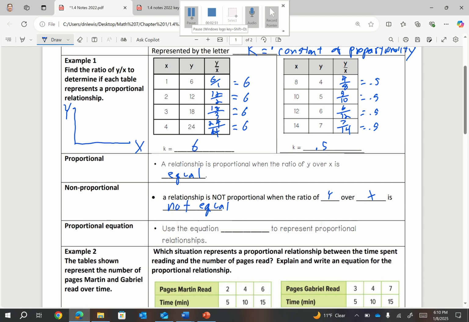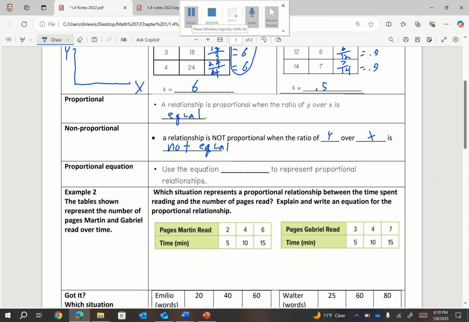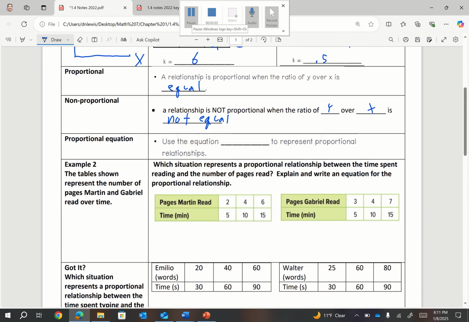So if any of these right here ended up not equaling 6, that would mean we do not have a constant of proportionality and we are not proportional. Use the equation y equals kx to represent proportional relationships. So basically today all we're going to be doing is plugging in our number, whatever we find for our constant, we're going to plug it in there if we need to write an equation.